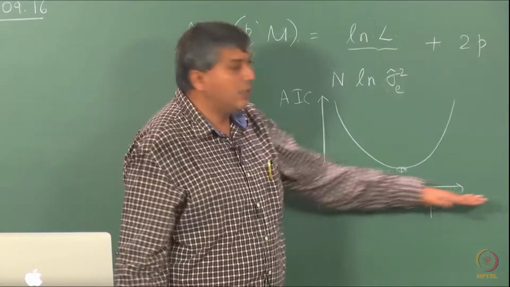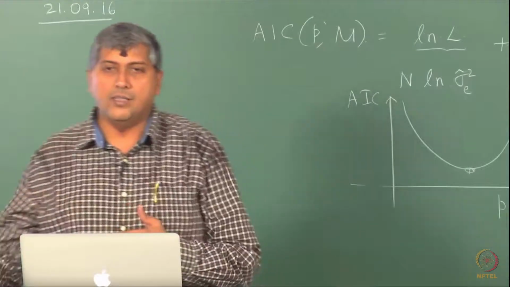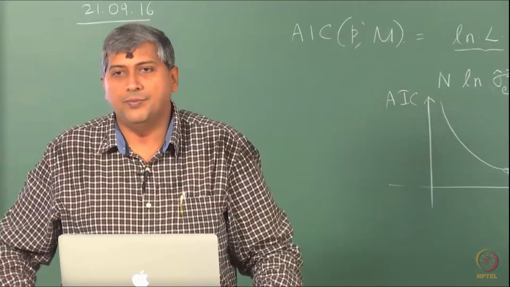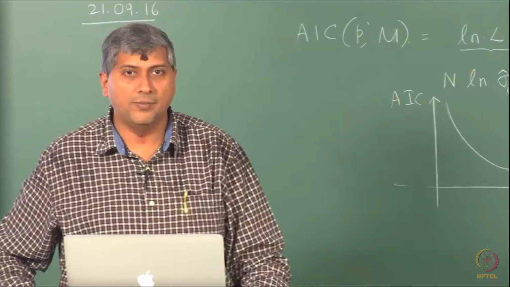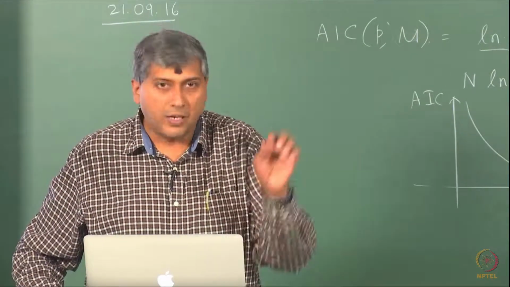But as you walk down this axis, you are increasing the number of parameters, thereby having more and more parameter power to explain the data. Therefore, the first term starts to decrease, and at some point the decrease in the first term becomes marginal.